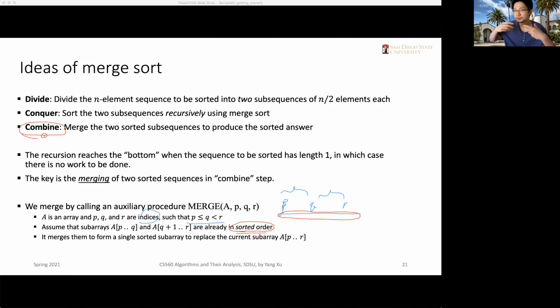It doesn't return anything, and there's no new array returned. The elements within A will be changed so that it reflects the merging result. Let's look at the code in the next slide.